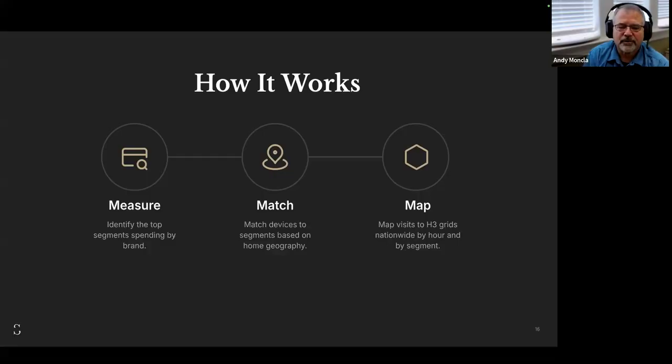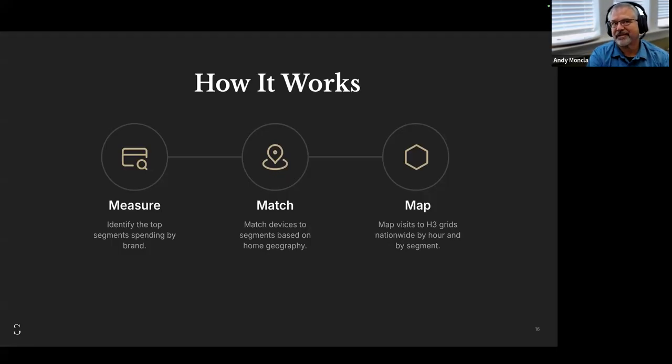Yeah. And so to match Persona Live to the mobile data, it's a two-part process. One, it's based on where people live. And so we need to understand how to match Persona Live to those devices. Some companies do it by block group. In this case, we did it using a resolution 10 hex grid that Leiden provided the top segment per resolution 10.